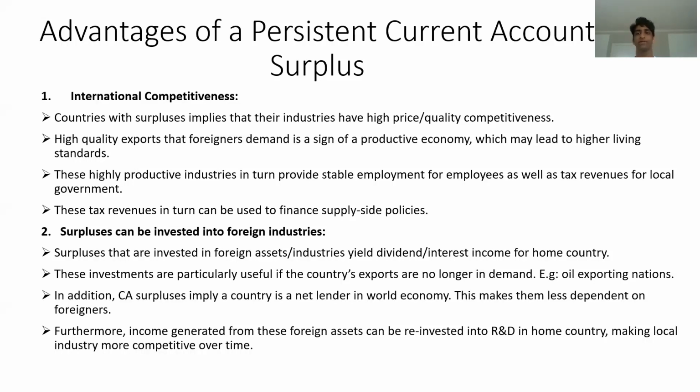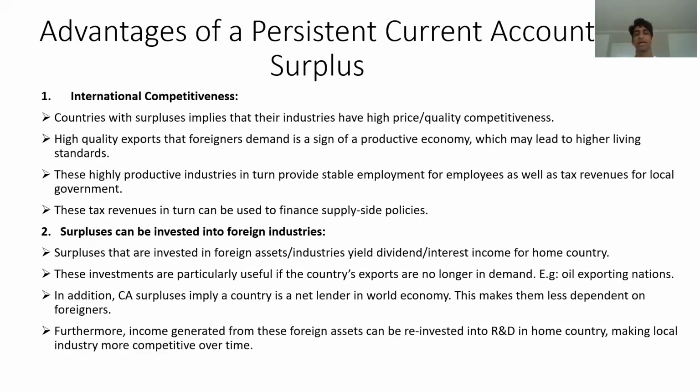In order to achieve higher living standards in a particular society, the most important prerequisite is higher productivity. And as a result, since we said that a high current account surplus is a sign of productivity, it may in turn warrant higher living standards, which is, of course, something that all countries strive for.